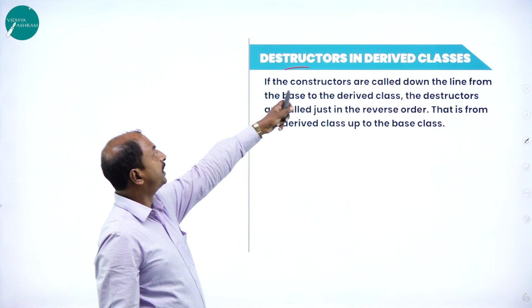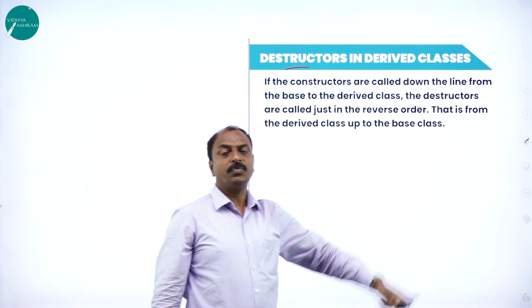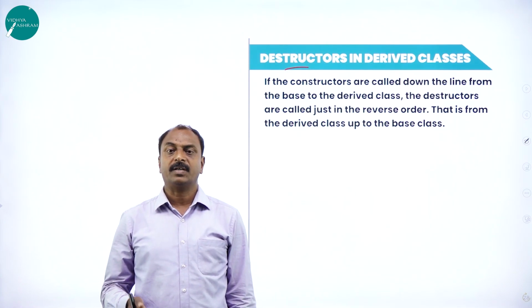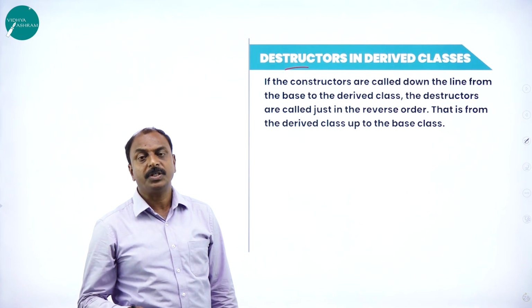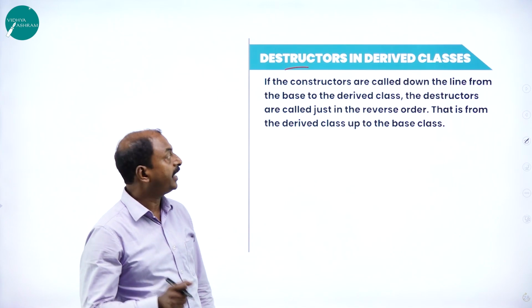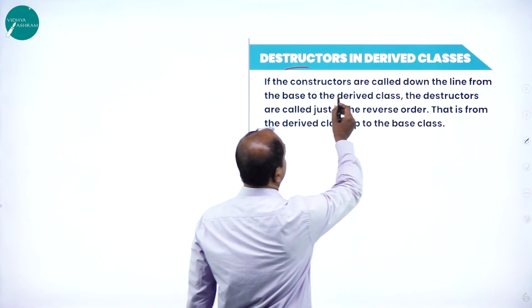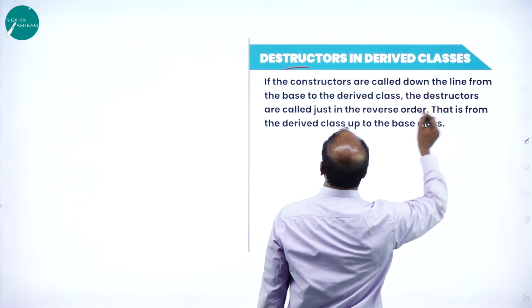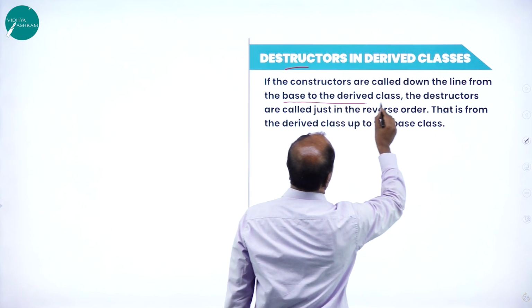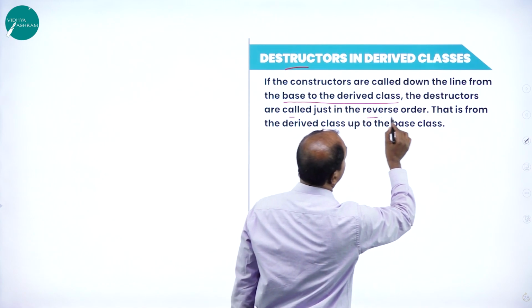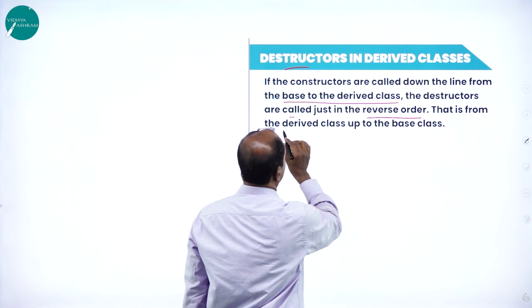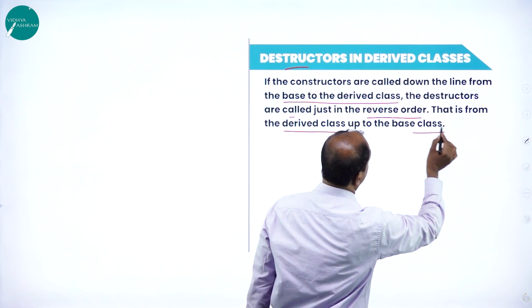So destructors in derived classes. Now we know what a derived class is. It acquires the properties from the base class. Then how does a destructor work in a derived class? If the constructors are called downline from base class to derived class, the destructors are called just in the reverse order, that is, from the derived class up to the base class.